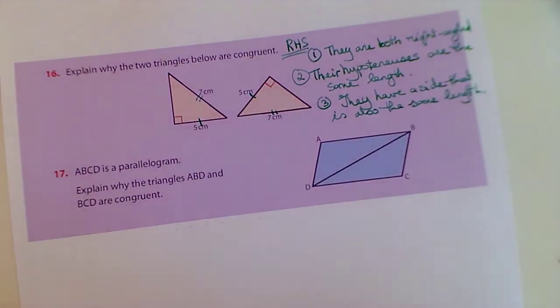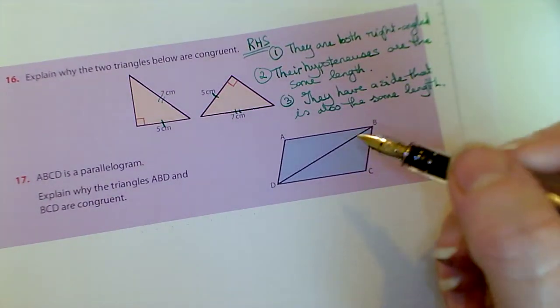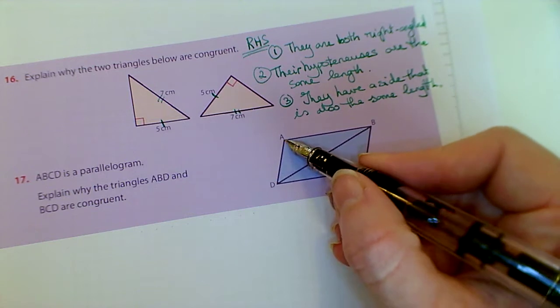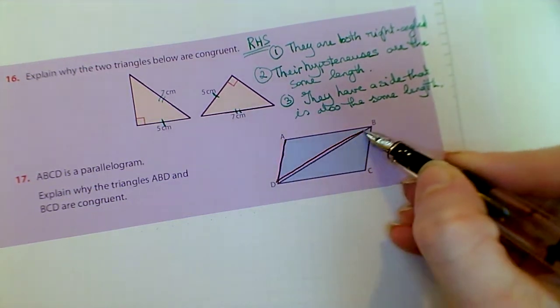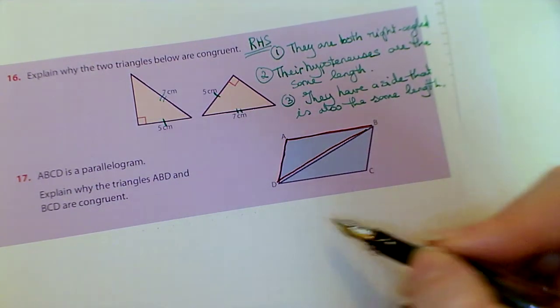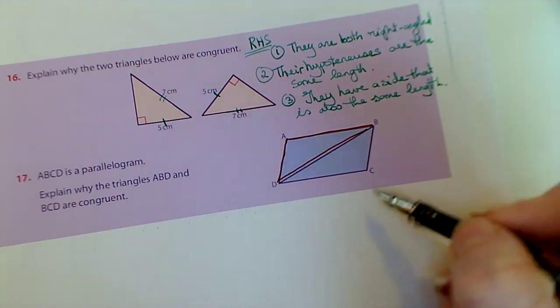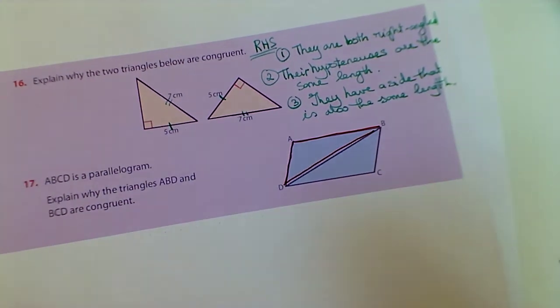Same kind of question here in question 17. ABCD is a parallelogram. And can we explain why the triangles ABD, this one, and BCD are congruent? Can we explain that?